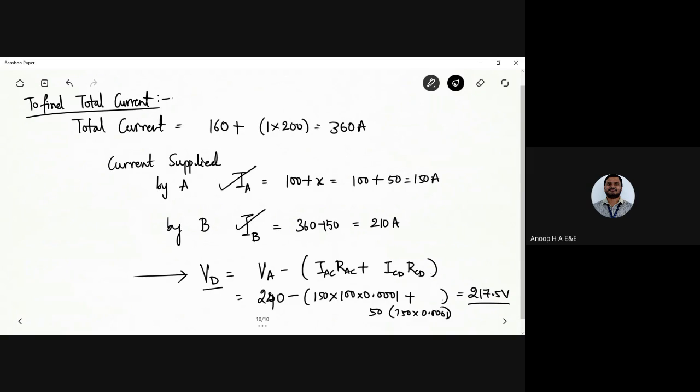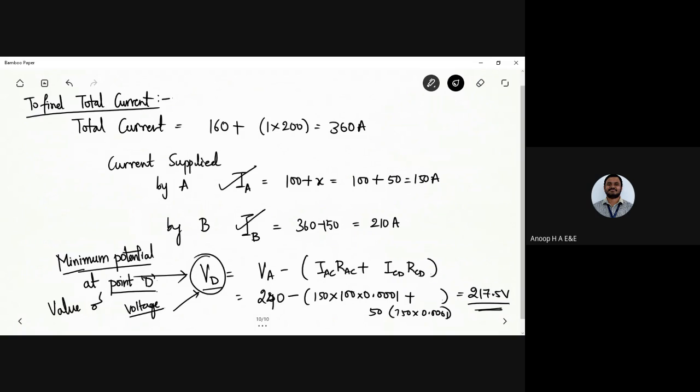I take it as the minimum potential point D. So VD will have a voltage, and that value is the minimum potential that is reached.